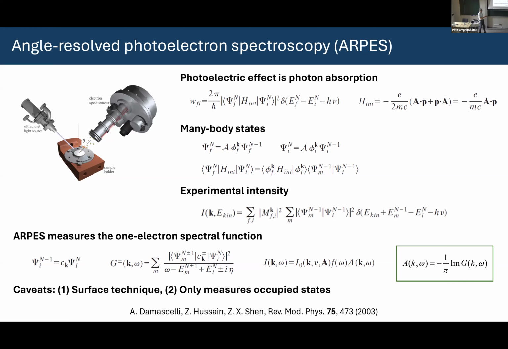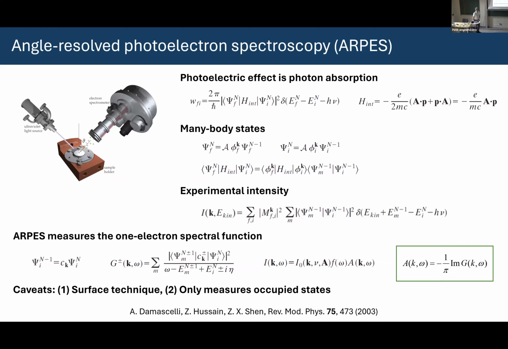At any rate, the intensity in a photoemission experiment, if everything's working, and there's a whole bunch of caveats of the sudden approximation and so on, is the incident intensity and some matrix elements times a Fermi function if it's at finite temperature times A(k, omega), which is the one-electron spectral function. This measures exactly what the many body overlap on an electron is in the ground state of the system.